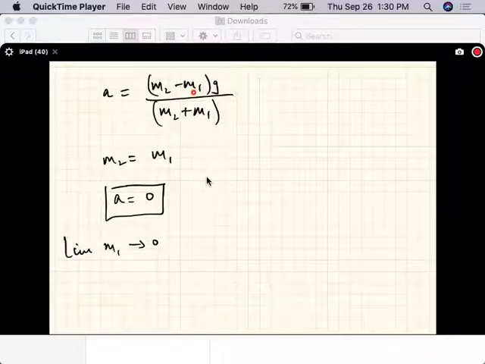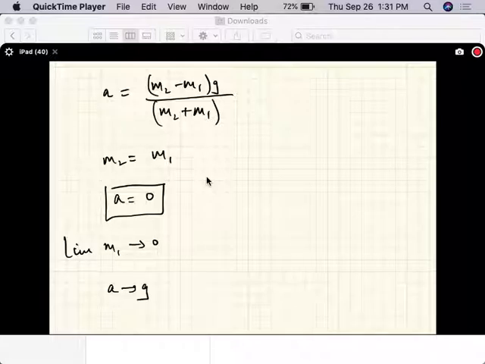In the limit M1 going to 0, these terms will be 0, and a will be M2 divided by M2 times g, so a will go to g. In the limit M2 going to 0, it will be minus M1 divided by M1, so a will be equal to minus g.